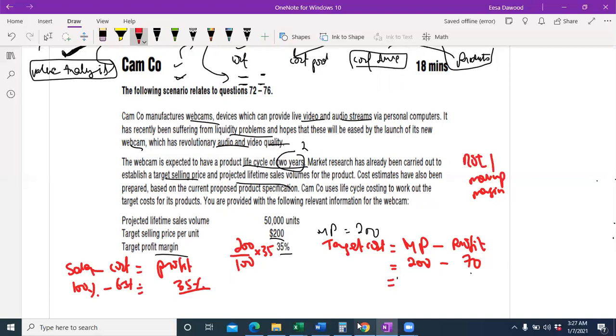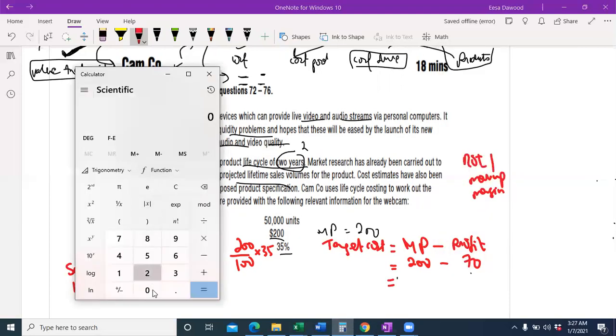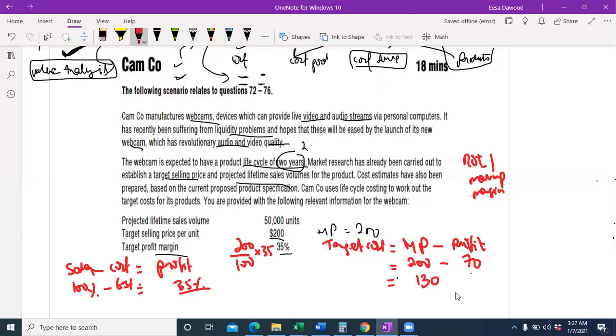So what would be my target cost now? 200 minus 70. I want to produce it at a target cost of 130, if I know that the market price is 200 and I cannot increase the selling price. If I increase the selling price, definitely I will lose my market share.